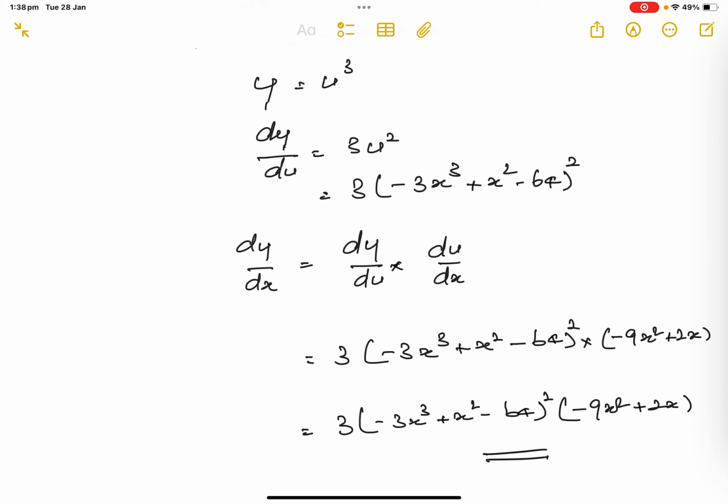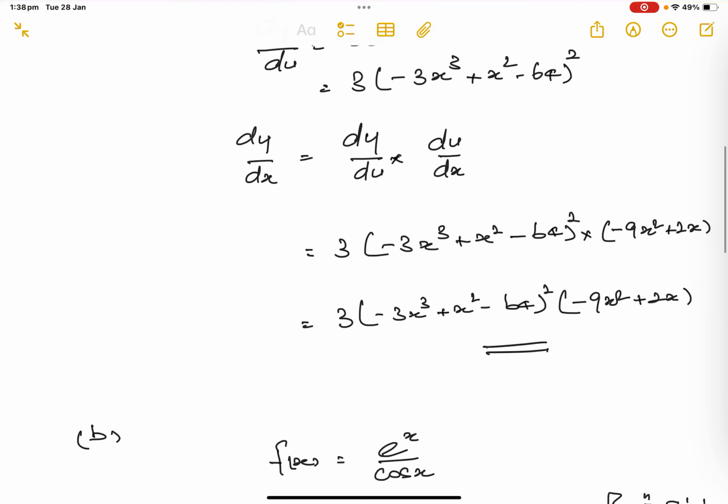dy over dx, that's what we want. So dy over du times du over dx. We have found dy over du, which is 3 times (minus 3x cubed plus x squared minus 64) to the power of 2, times du over dx, that is minus 9x squared plus 2x.